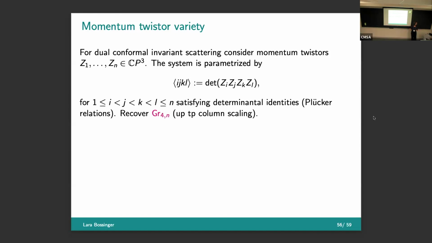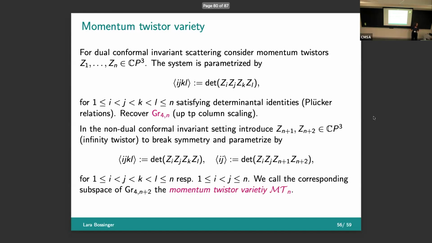the point configuration space. And I can also extend this approach to the non-dual conformal setting, as Matteo referred to, and Rowan also mentioned this. If I want to get rid of conformal symmetry, I add one extra infinity twistor. And how that manifests in this interpretation is introducing 2 extra points to my tuple of n points in CP3.